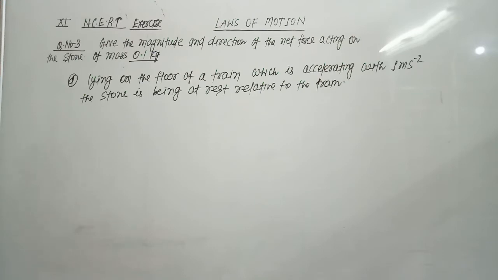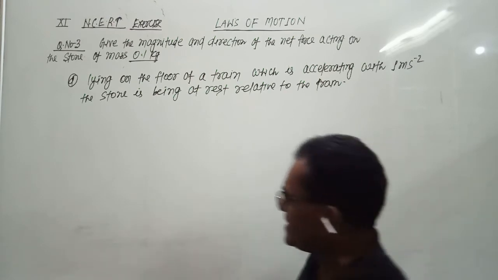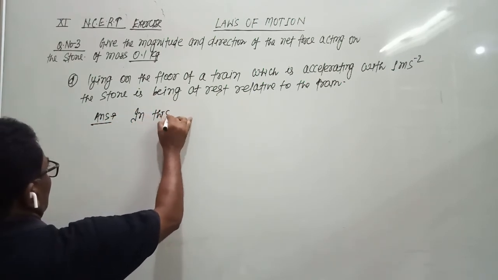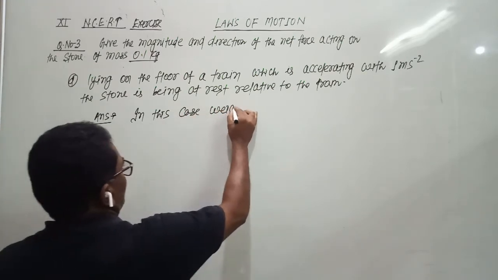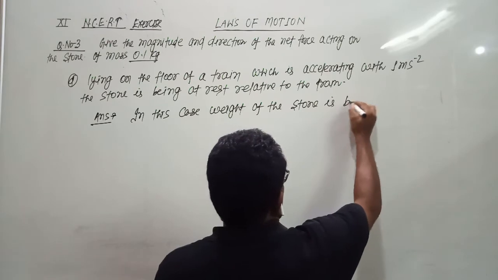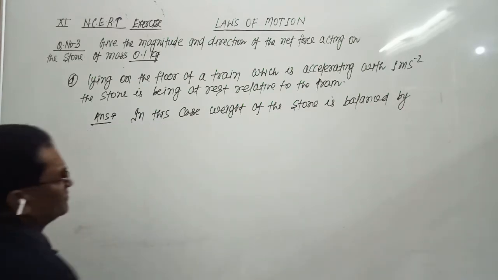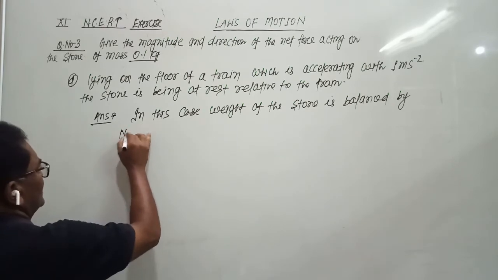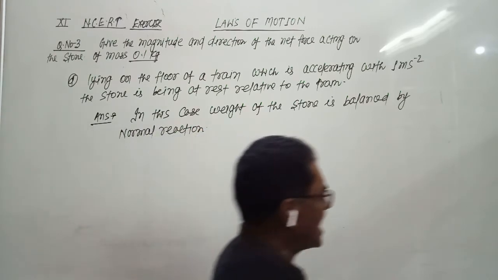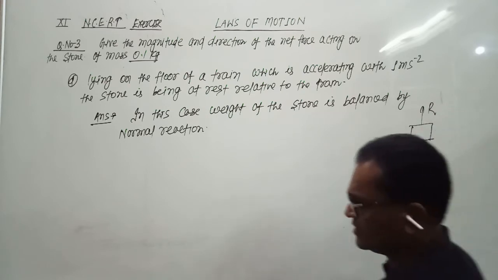So in this case, the weight of the stone is balanced by the normal reaction R. Because the stone is lying on the floor, its weight acts in the downward direction and the normal reaction R acts in the upward direction.